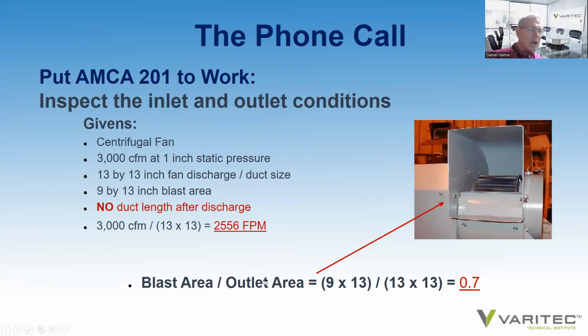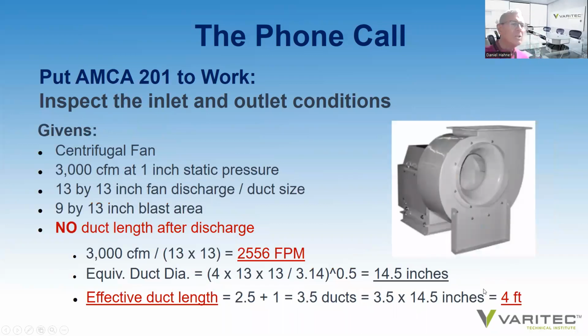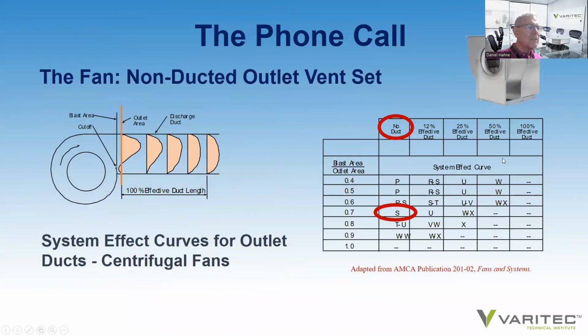The blast to outlet area ratio calculates out to 0.7. So let's look at the effective duct length that is required, which is 4 feet in order for the fan to hit a uniform velocity profile. So there is no effective duct length at the discharge of that fan.